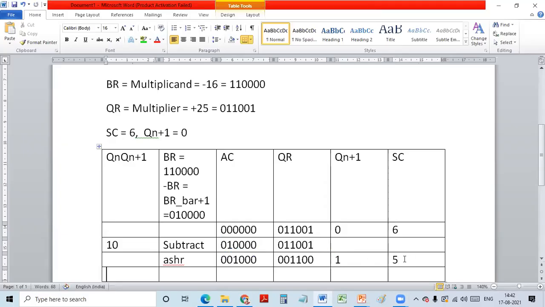Next, second cycle. Now what is Qn? 0. Qn plus 1? 1. Okay. So now the combination is 0, 1. What is the operation? Addition. You have to add BR to AC. What is BR? BR is 1, 1, 0, 0, 0, 0.